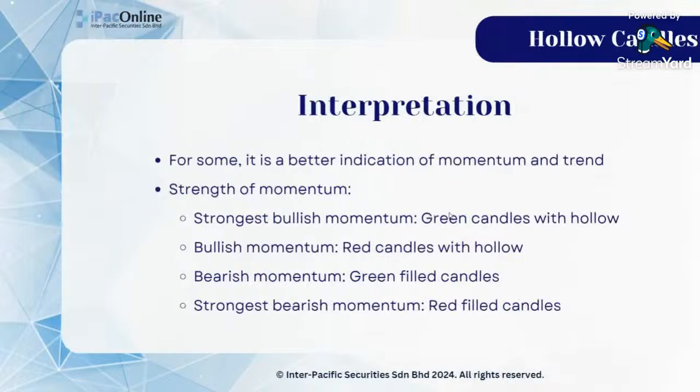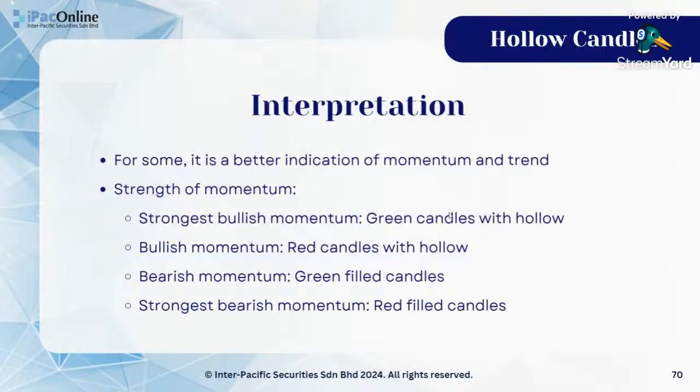Because some people believe that these hollow candlesticks help to better indicate the momentum and the trends, and also help them rank the strength of the momentum. Whereby, if we are seeing a green candle with a hollow body, then it's telling us that wow, this is the strongest bullish momentum of all.